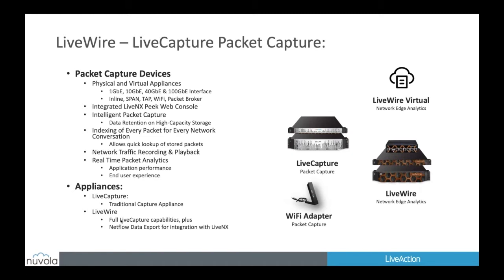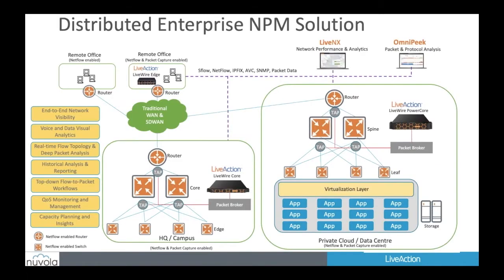So this gives you this centralized management capability, which allows LiveNX as a centralized management system to see what's happening across your network while you're doing packet captures in real time.